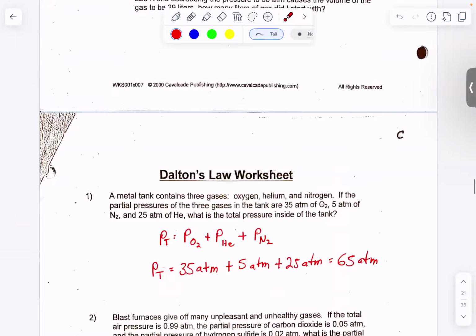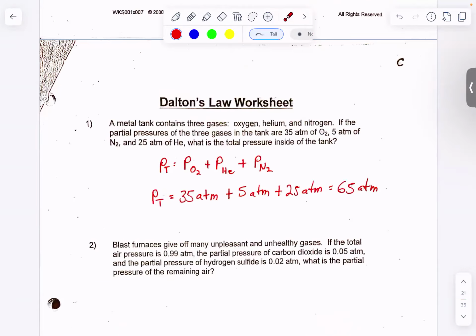All right. So Dalton's law of partial pressure. I'm using the term partial pressure. It's not used in your worksheet, but I will use Dalton's law of partial pressure.